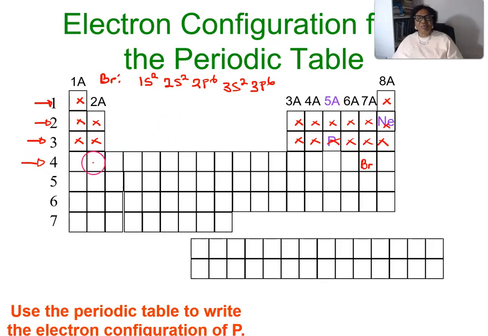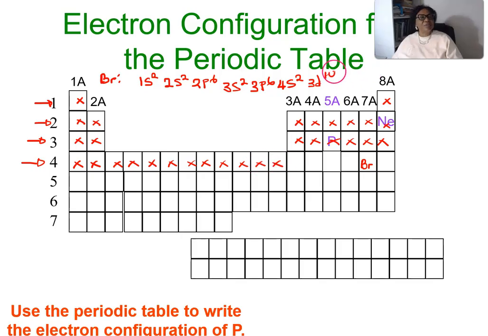Now we go to period 4. Period 4 now, we put the 4s. How many electrons? 1, 2. We put 2 electrons. Then we put 3d because this is 3d. We count 1, 2, 3, 4, 5, 6, 7, 8, 9, 10.